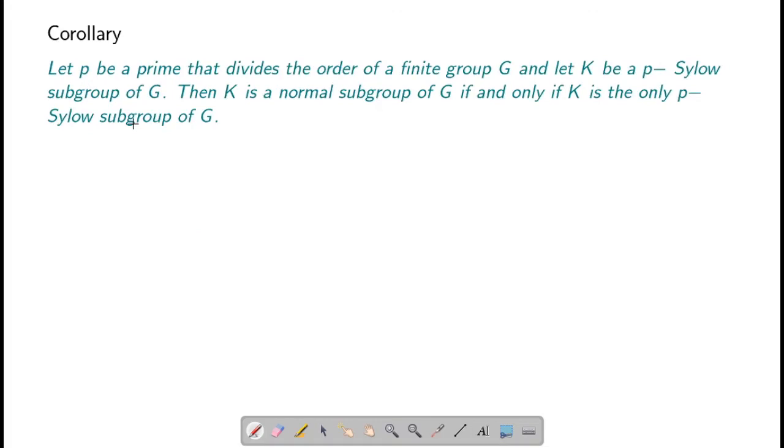Okay, now we'll prove a small corollary from the Sylow theorems. We will show that a Sylow P subgroup is normal if and only if there is a unique Sylow P subgroup. So suppose G has a unique Sylow P subgroup.